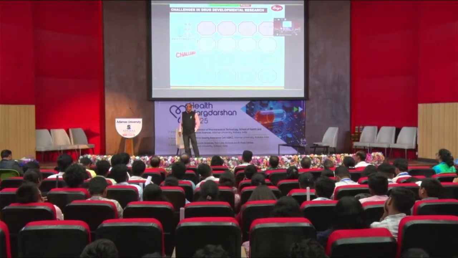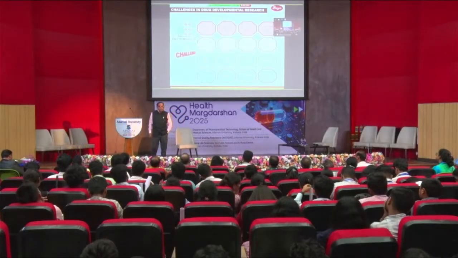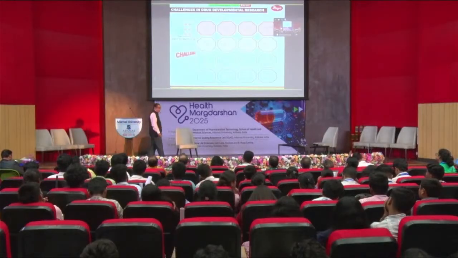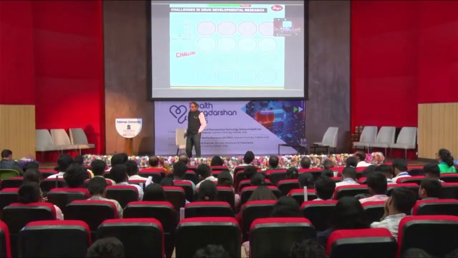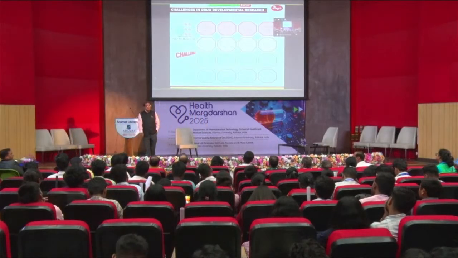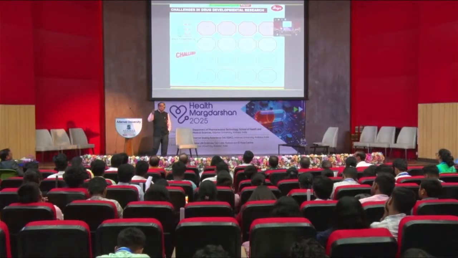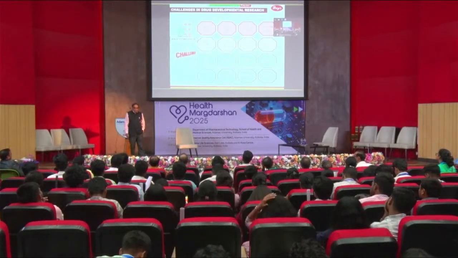DSIR conducts a conclave every year between industry and IIT. I have been several times, but one memory I still remember. In 2016, the conclave was held in IIT KGP, Kharagpur.